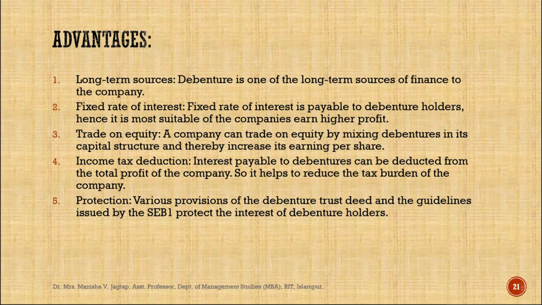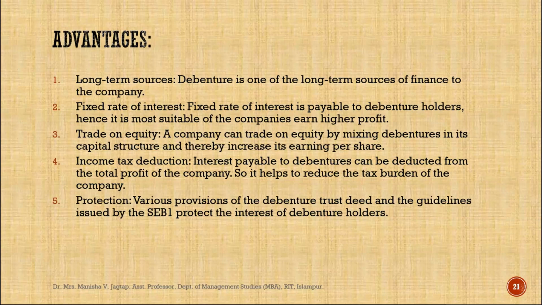Next is trade on equity. A company can trade on equity by mixing debentures in its capital structure and thereby increase its earning per share. Also, the company can get its required funds without diluting equity.